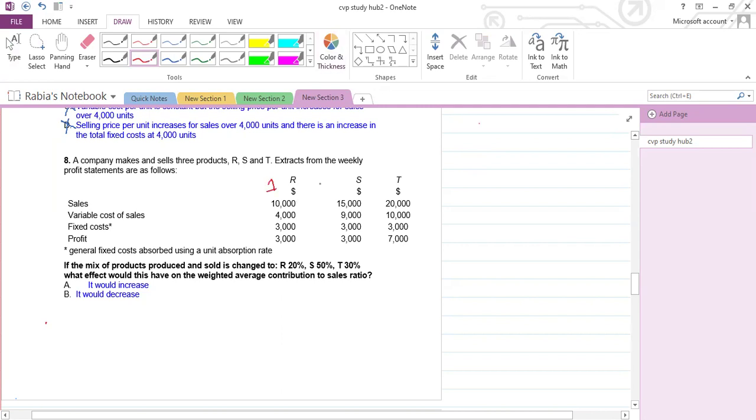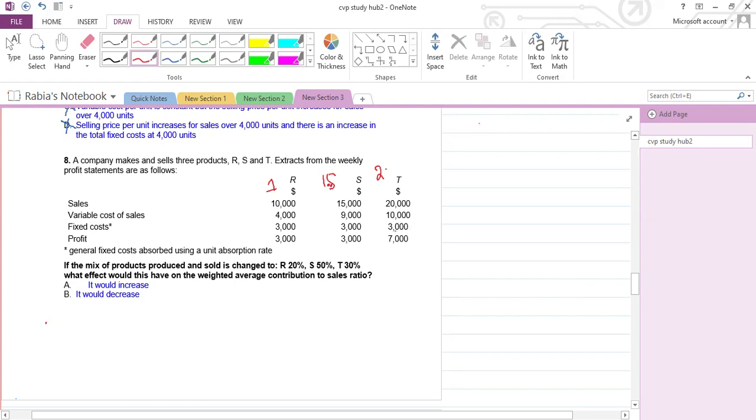Standard mix is 1, 1.5, 2. Ten thousand divided by 10,000 is equal to 1, 15,000 divided by 10,000 is equal to 1.5, and 20,000 divided by 10,000 is equal to 2.